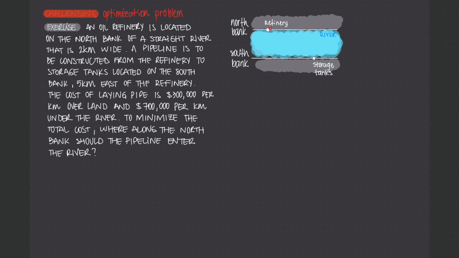But when you tackle this exercise, you're probably already thinking about case number 3, which is not going straight from north to south and not going directly from the refinery to the storage tanks, but already using a point in the south bank, which means something like this, in order to optimize costs. However, I think it's worth analyzing the extremes, and it's going to be fast.